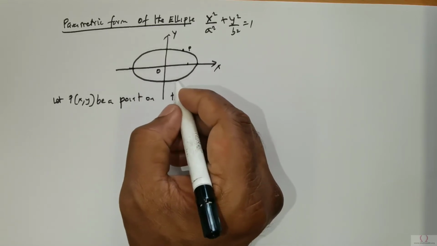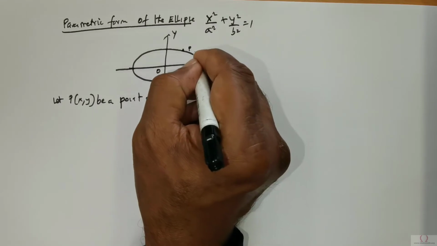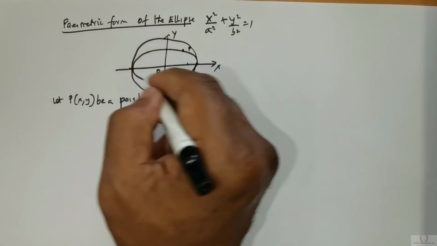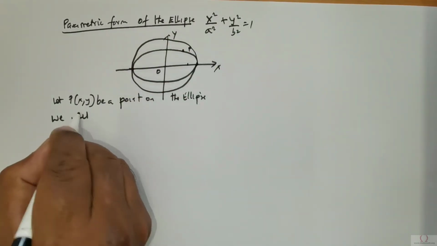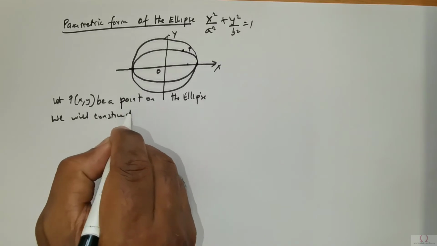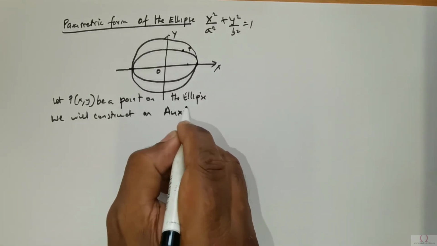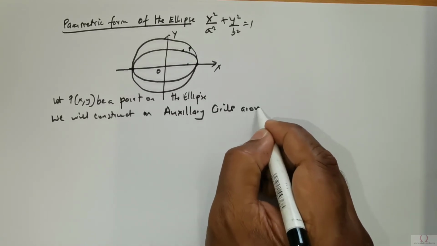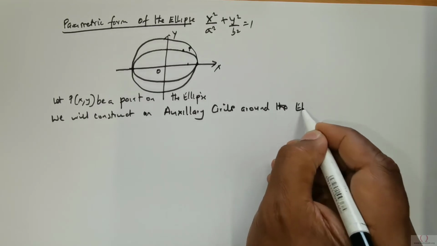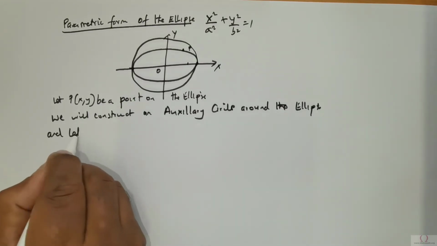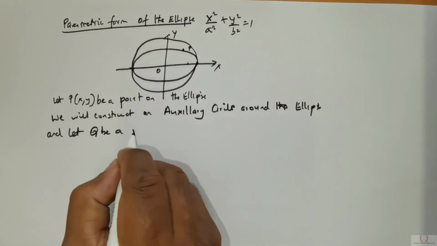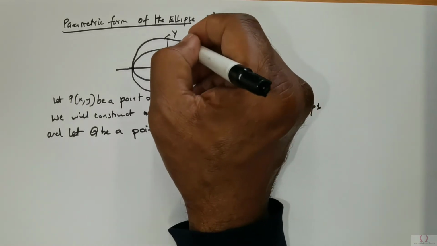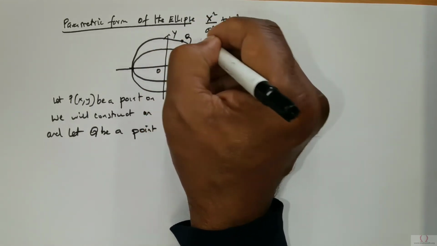So what we will do is construct an auxiliary circle around the ellipse, and let Q be a point on the circle.